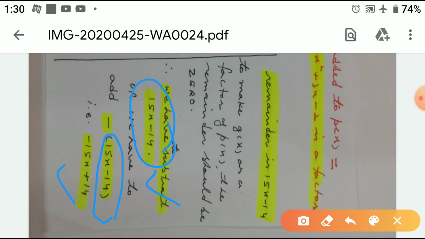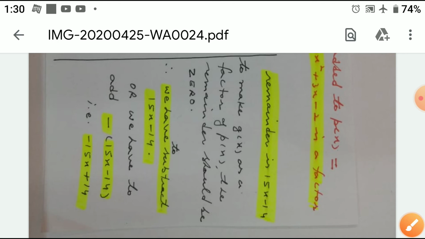So whatever remainder is coming, we have to subtract that remainder from the given polynomial. If the question is what should be added, then the negative of 15x minus 14 must be added. So minus 15x plus 14 must be added, so that the given polynomial is exactly divisible by gx.